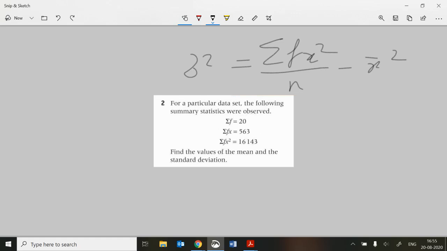We've got enough information here to work out the mean by doing this divided by this, and also to work out this here, and n is equal to this as well. So we can then work out our standard deviation by just doing a small calculation here. You probably do need your calculator for that, though.